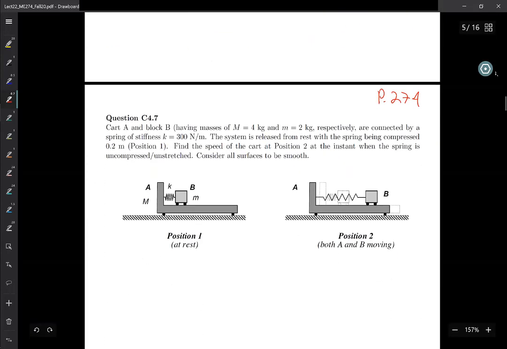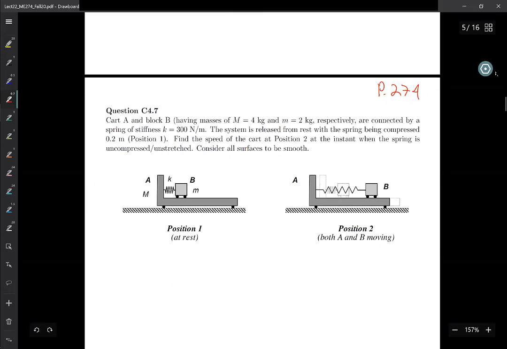Now, let's do this conceptual problem. It's 2.74. Let's see if I can manage to solve this and the other one. We have a cart A and a block B, and they have some masses, and they are connected by a spring.